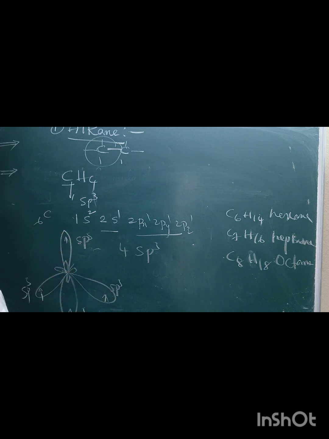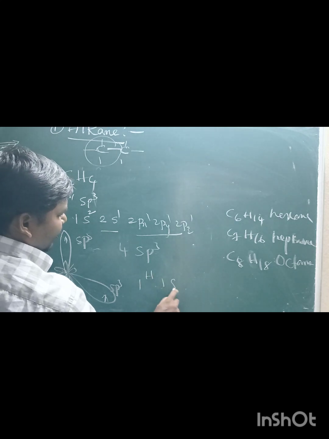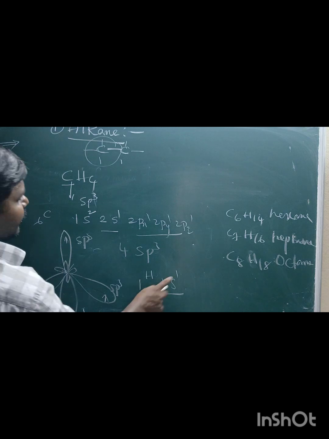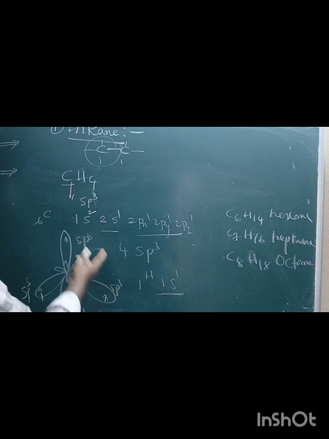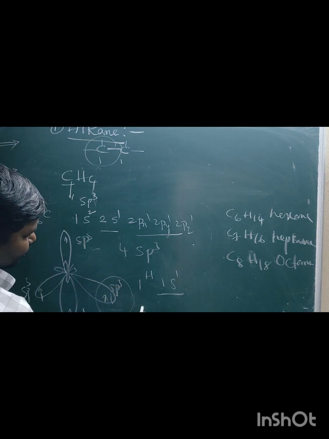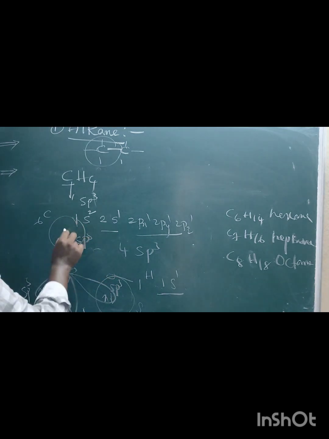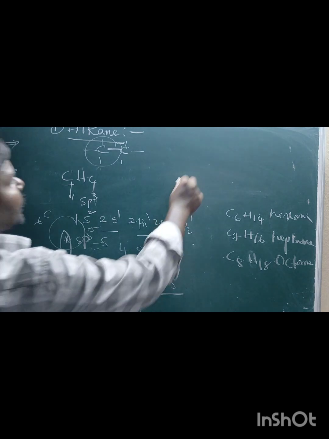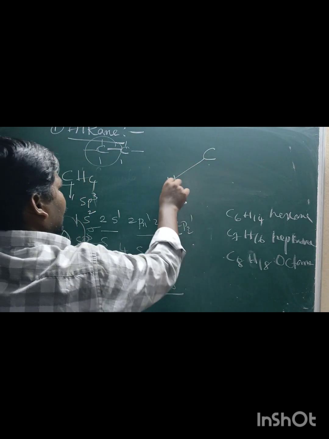These 4 sp3 hybrid orbitals of one carbon atom linearly overlap with the 1s atomic orbital of hydrogen, whose atomic number is 1. The electronic configuration of hydrogen is 1s1. These 4 identical sp3 hybrid orbitals of one carbon atom linearly overlap with the 1s atomic orbitals of 4 hydrogen atoms to form 4 sp3-s sigma bonds, carbon-hydrogen.